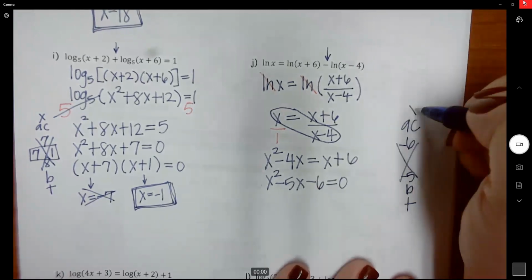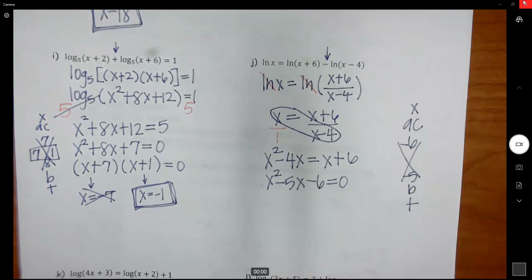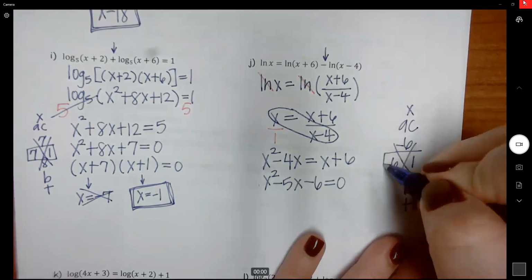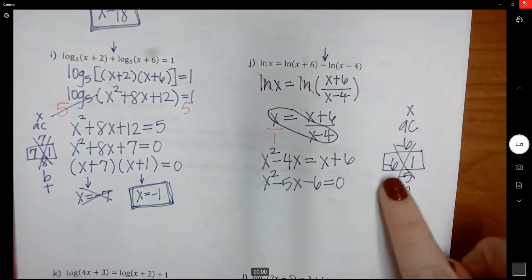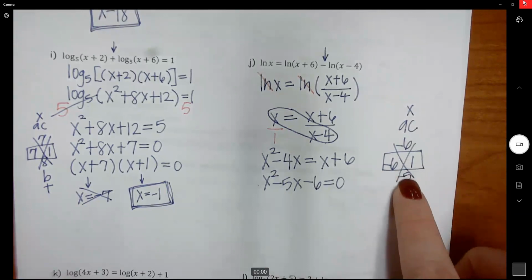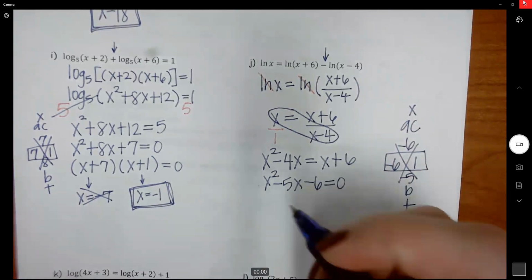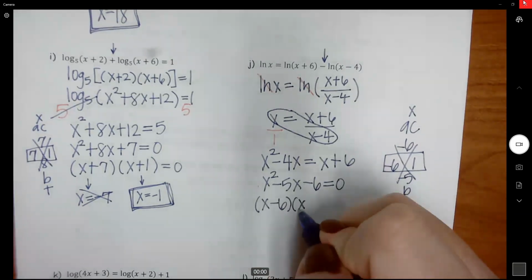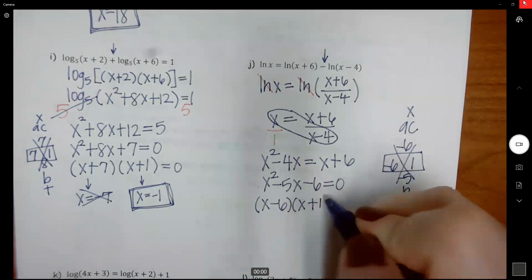What adds up to -5 but multiplies to a -6? And that is -6 and 1. -6 times 1 is -6, but -6 plus 1 is a -5. This is an easy trinomial. So this is x minus 6, x plus 1.